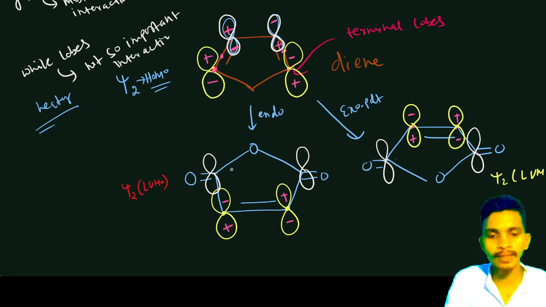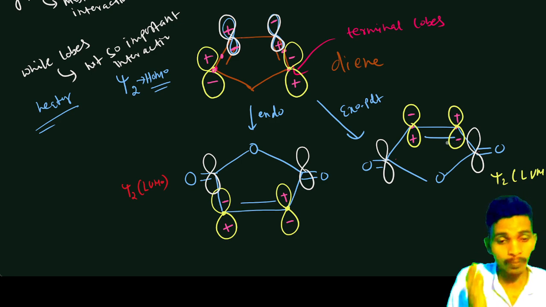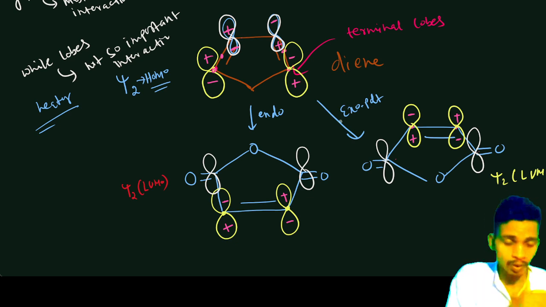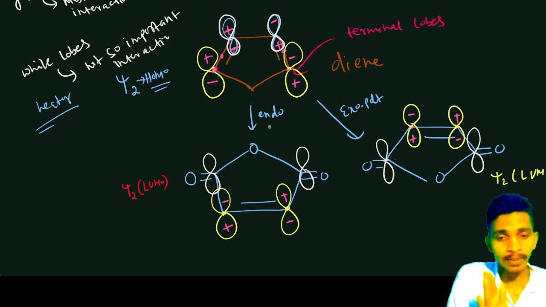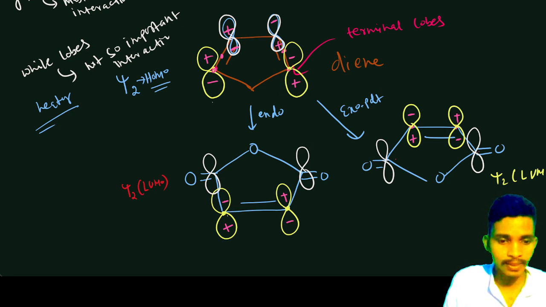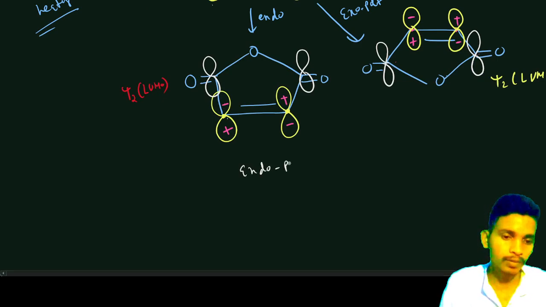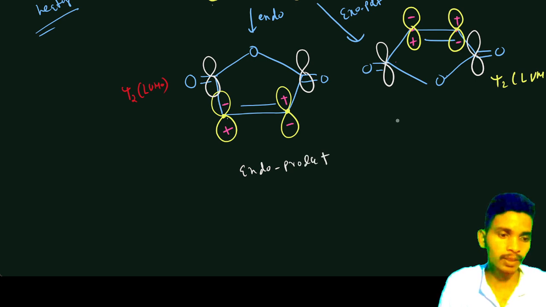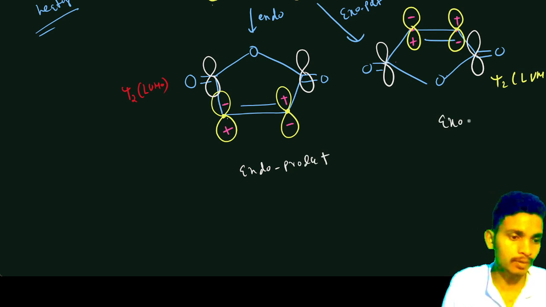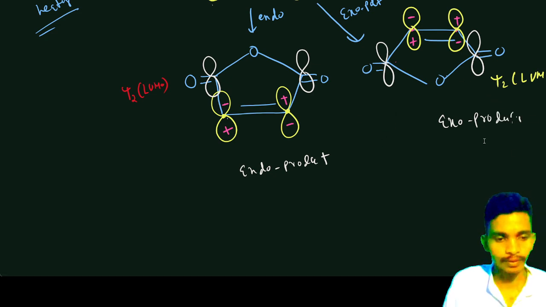So you understand that these yellow lobes must interact for the bond to form, because bond formation happens for both endo and exo. So they should interact. Okay, for this case, the endo product will form. Here you will get the exo product.